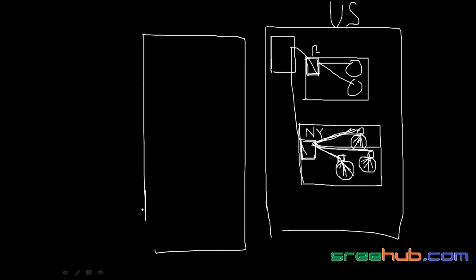In this way, if you take one complete country, let's say the United States, then you have one big hub server which is connecting all the states. Let's take another example: you are in India, where let's say we start with Hyderabad.